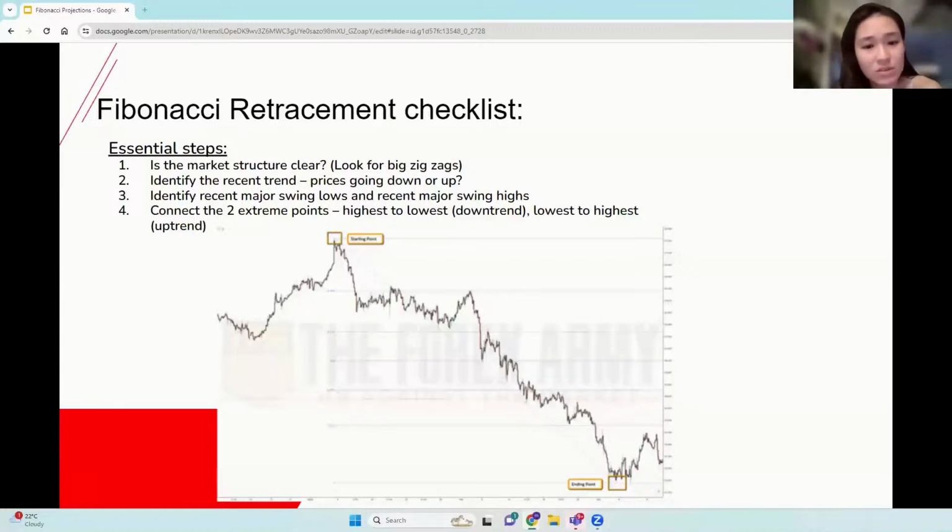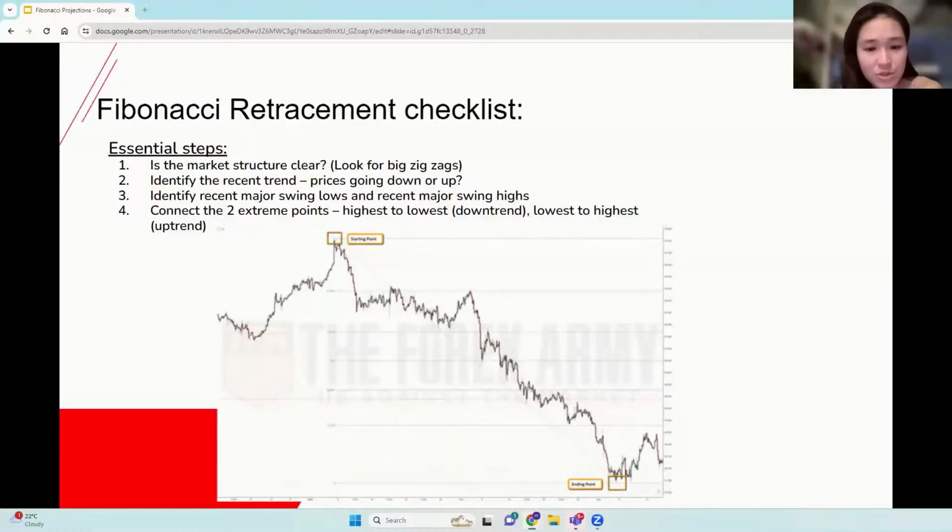So are prices going down or up? And our typical advice is to always follow the general trend. Next, identify a recent major swing low and recent major swing high. So we'll show you examples, but basically you want to look for the most significant swings when you are deciding which charts to use.